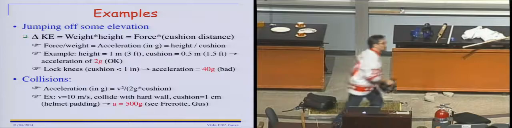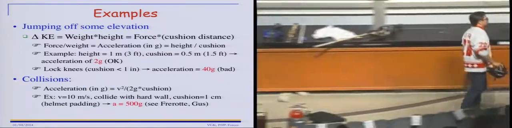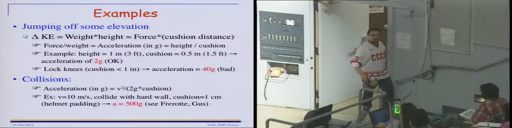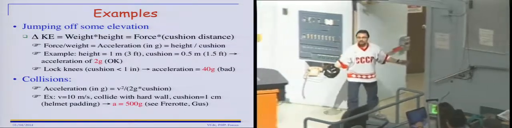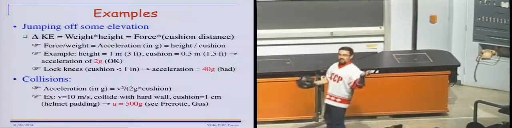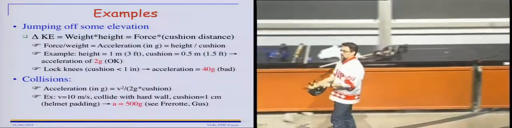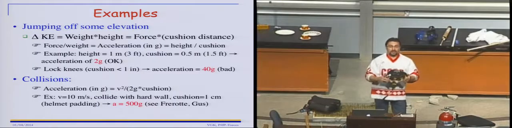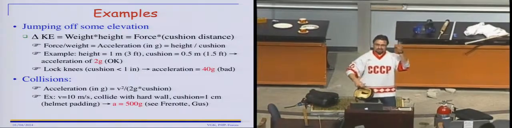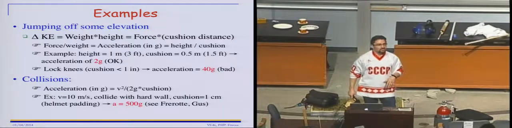If you're moving fast, and you're colliding with an immovable object like a wall, all of your kinetic energy suddenly is reduced by impact of the wall. If you brake over a very short distance, your head is not very elastic.